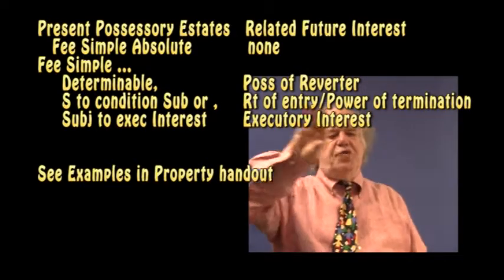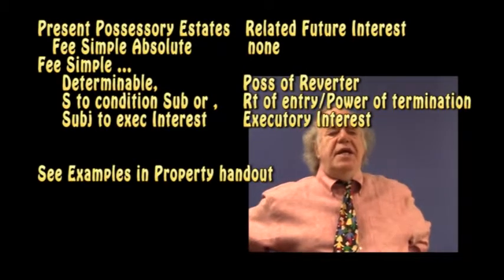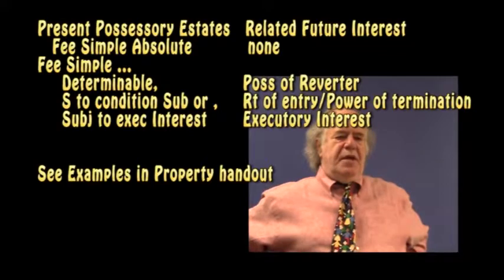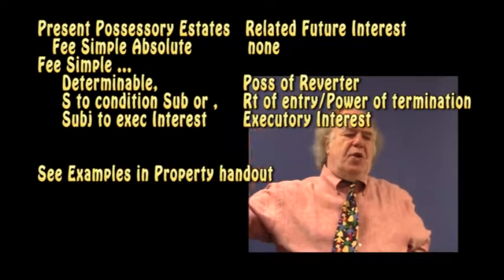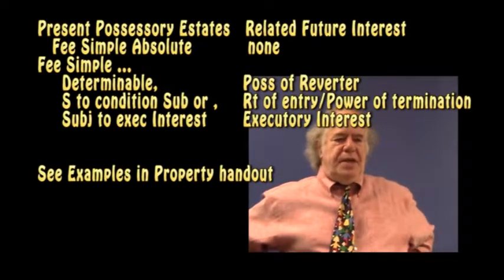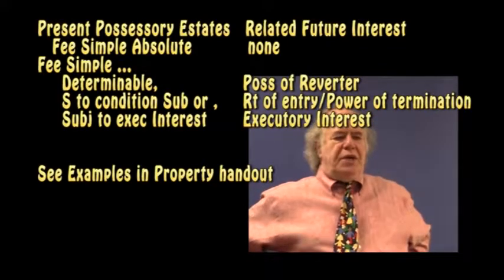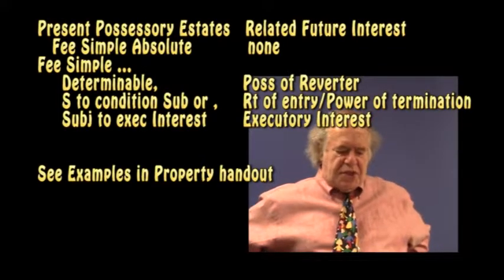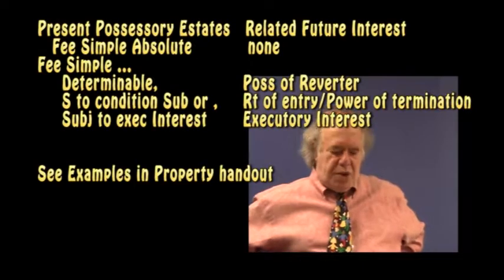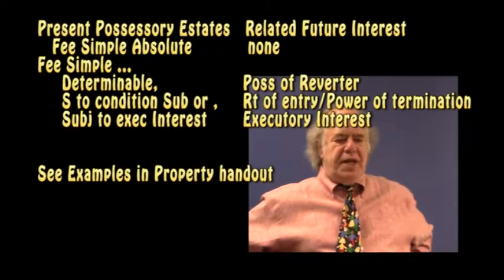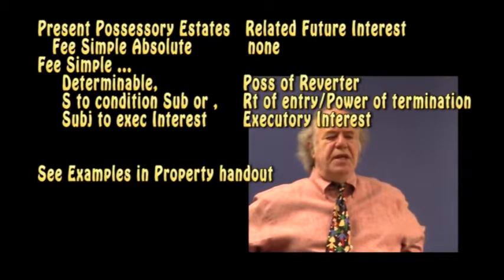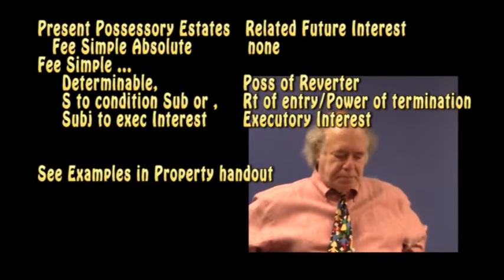But if the grantor transfers the future interest in the same document to a third person, then it's called an executory interest. This appears on Connecticut essays with such regularity that one would make a grave mistake not to get this down and really clear.